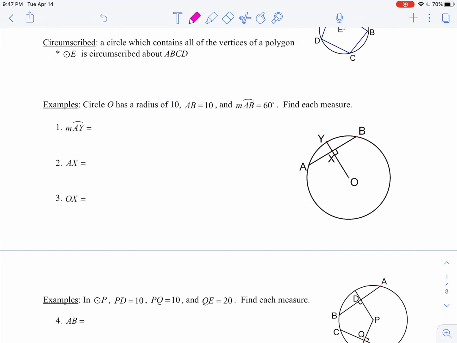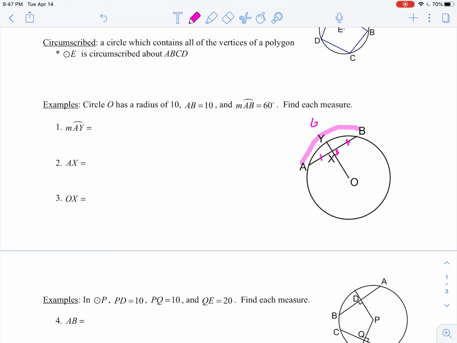So number one, if the radius OY is perpendicular to chord AB, and we know that it is, it shows the right angle here, that means that chord AB gets cut in half into two congruent parts, and its corresponding arc, arc AB, also gets bisected.